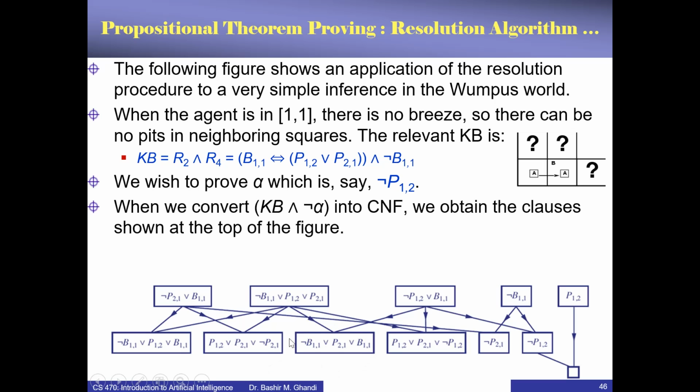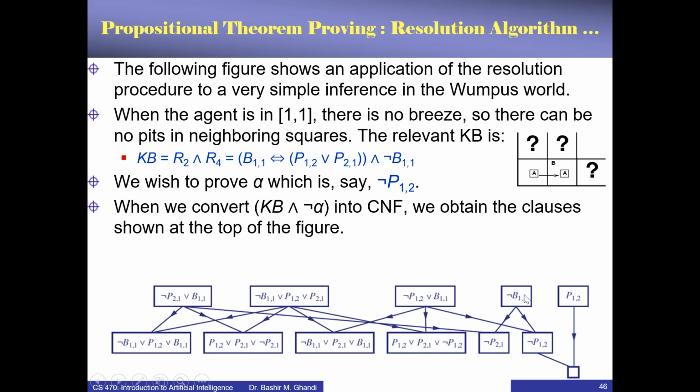Similarly, this is obtained by considering this and this, where we resolve not P12 and P12. So we will be left with not B11 or P21 and B11 or B11. Okay. And similarly here, so far we have not obtained empty, so we keep going.